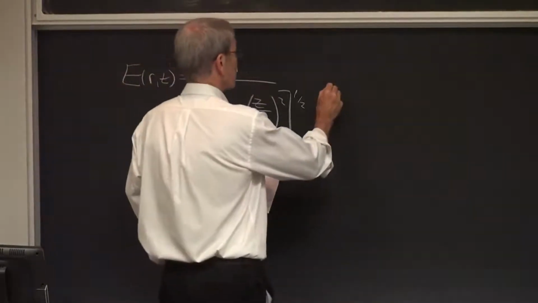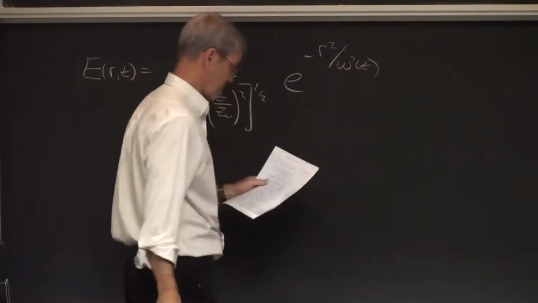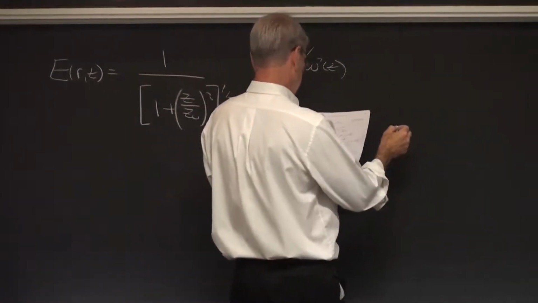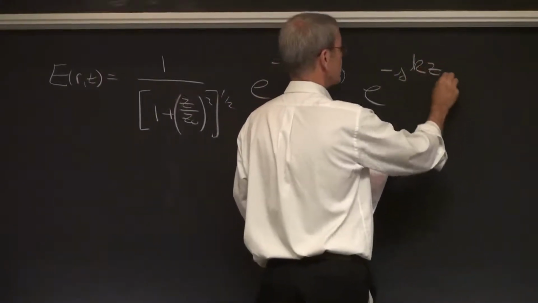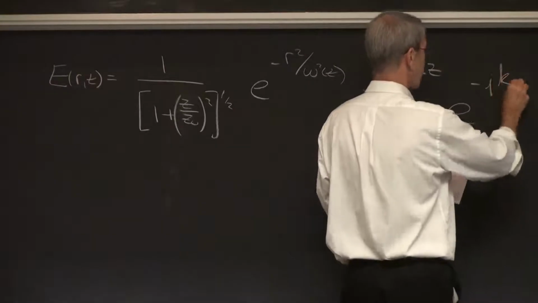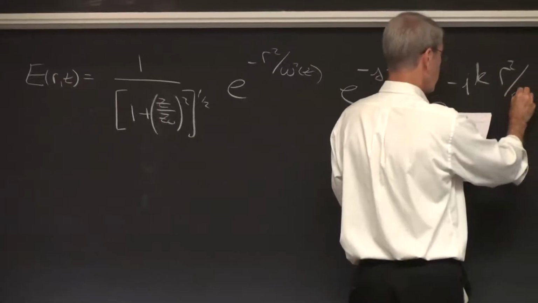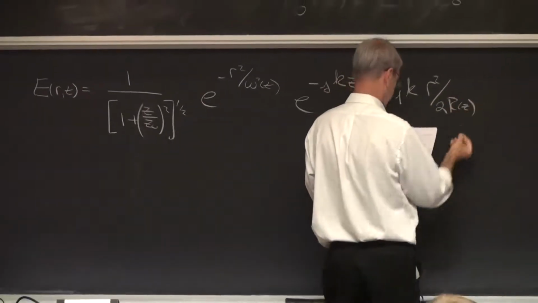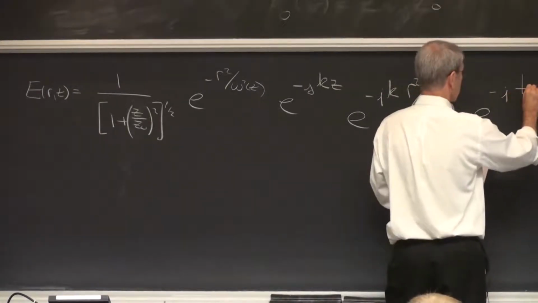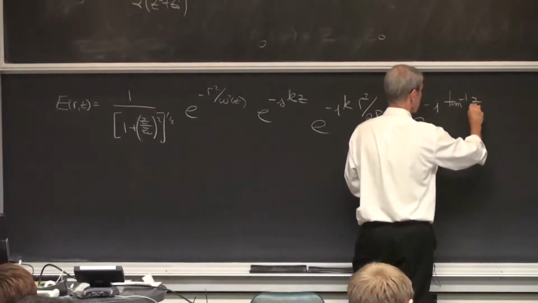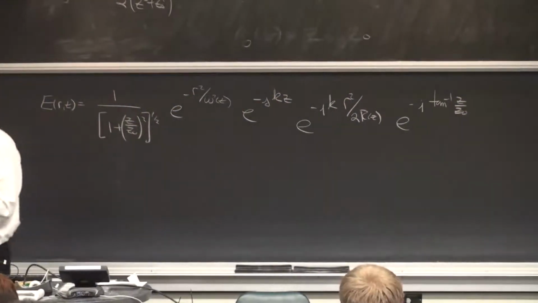Then we get E to the minus R squared over omega squared of Z. We get E to the minus J K Z, E to the minus J K R squared over 2R of Z. And then we get E to the minus J tan inverse of Z over Z naught. Ta-da, we're done. That's the Gaussian beam.